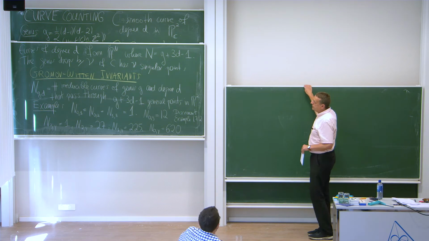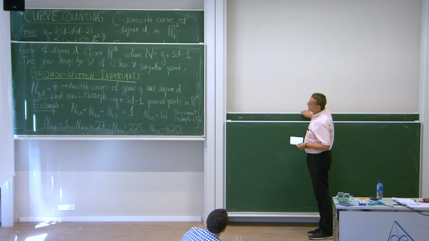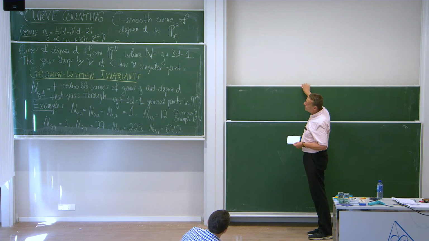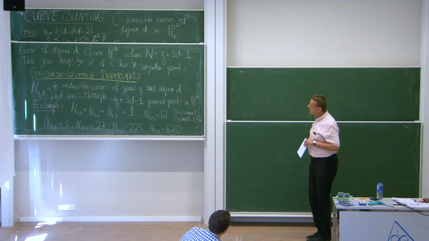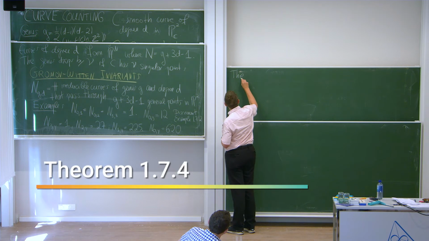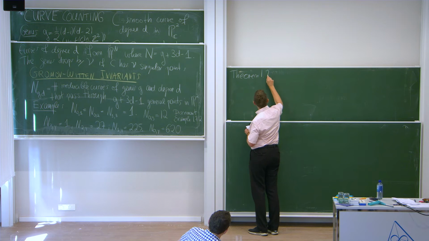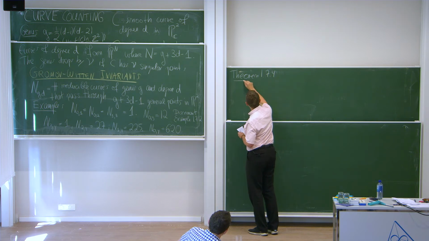So the theorem, so this is classical geometry, and these numbers are not so difficult to compute using classical geometry, 19th century geometry of plane curves. So the theorem that brought in tropical geometry can maybe informally be stated like this.